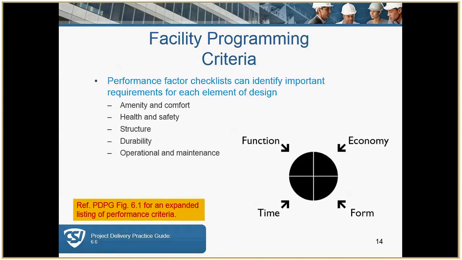And again, the questions are going to be what would not be a criteria. In this case, what they're showing are performance factor checklists, such as amenity and comfort, health and safety, structure, durability, operational, and maintenance.